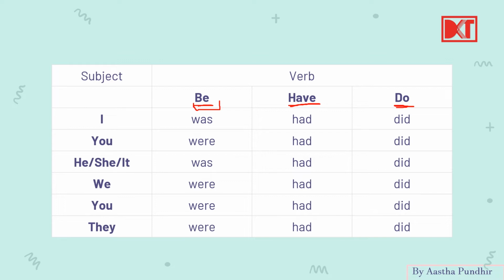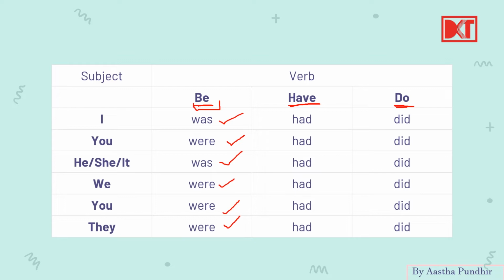So for be we say, we can form it as I was, you were, he, she, it was, we were, you were, they were. Alright, this is the simple past tense that we're talking about.